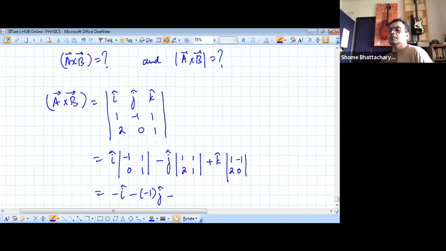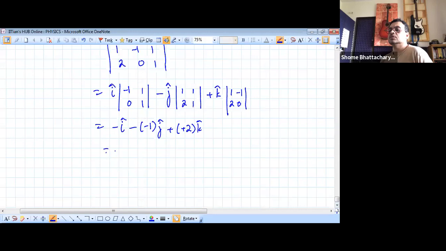Okay. And plus the determinant of this one is 0 minus of minus. So that's plus 2. Okay. So the cross product finally becomes minus I cap plus j cap plus 2k cap.